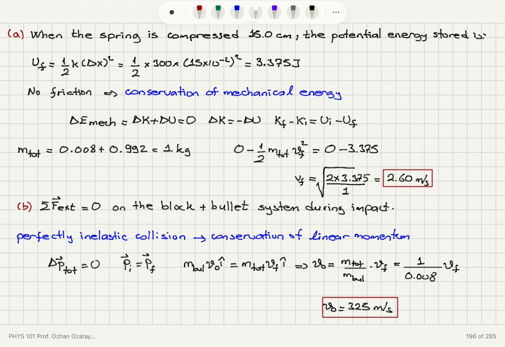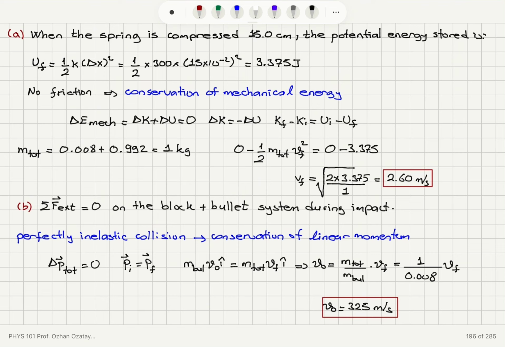So its kinetic energy is turning into final potential energy stored in the spring, which is 1/2 k times the compression squared. And the change in mechanical energy is 0 because there's no friction, so delta K is minus delta U. So we find that from the initial kinetic energy of the system, the final speed of the block plus the bullet was 2.6 meters per second after the impact.